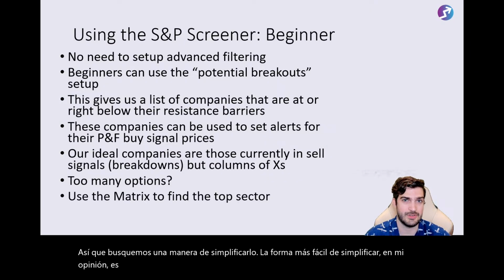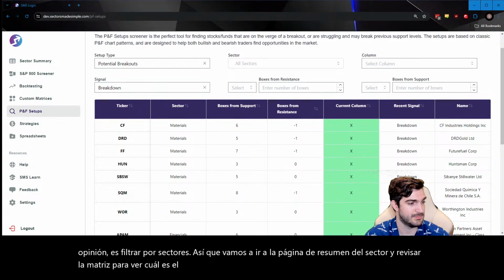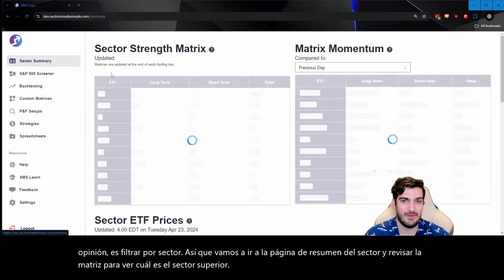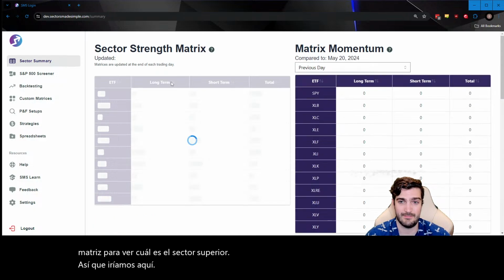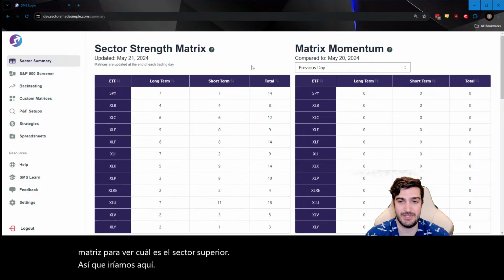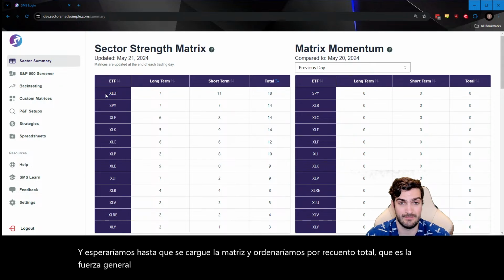So we're going to go over to the sector summary page and check out the matrix to see what the top sector is. So we would go here, and we would wait until the matrix loads and sort by total count, which is overall strength, where we find XLU is our leader.